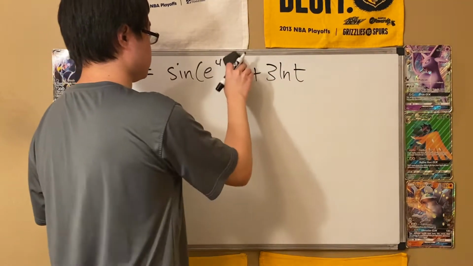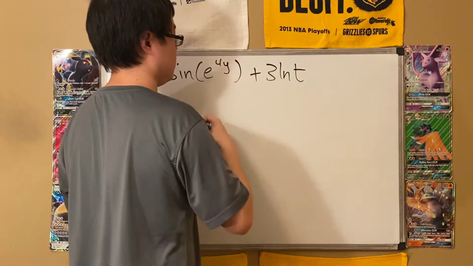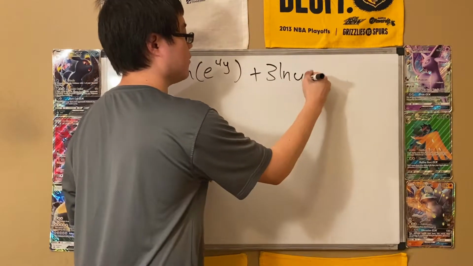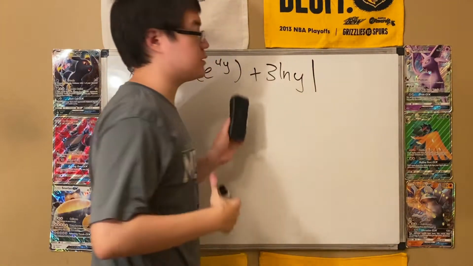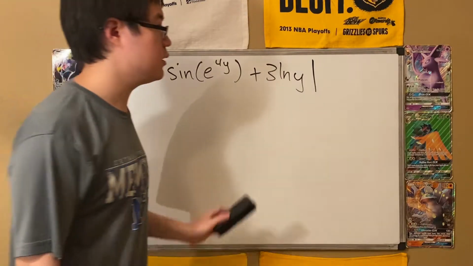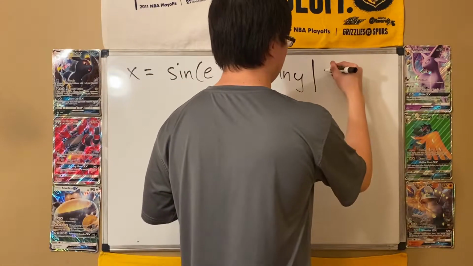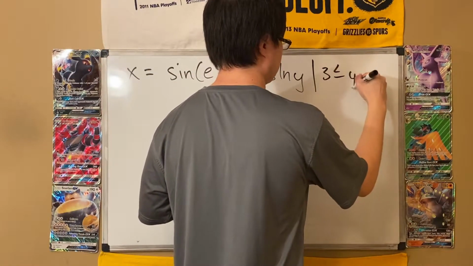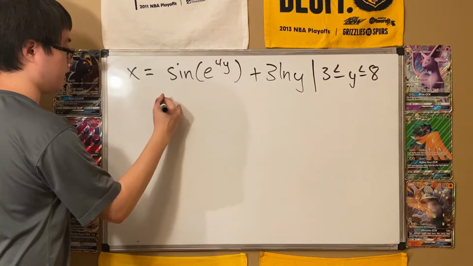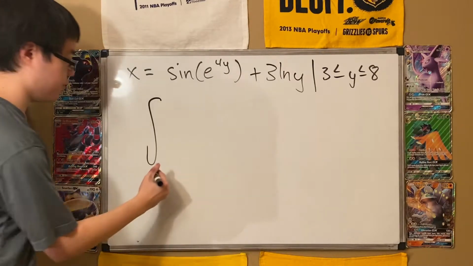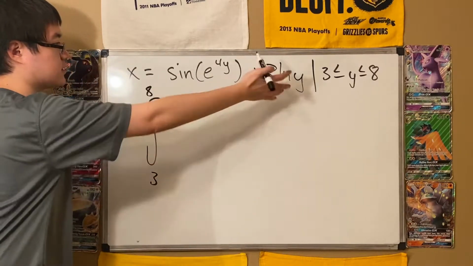Even if you have y's, we're not going to multiply by y primes because y is the independent variable in this case. So it's the same as that question, except we have y's now. Let's go from y is equal to 3 to 8. Again, all you do is write a nice beautiful integral. You write 3 and 8. The bottom number is the smaller number.